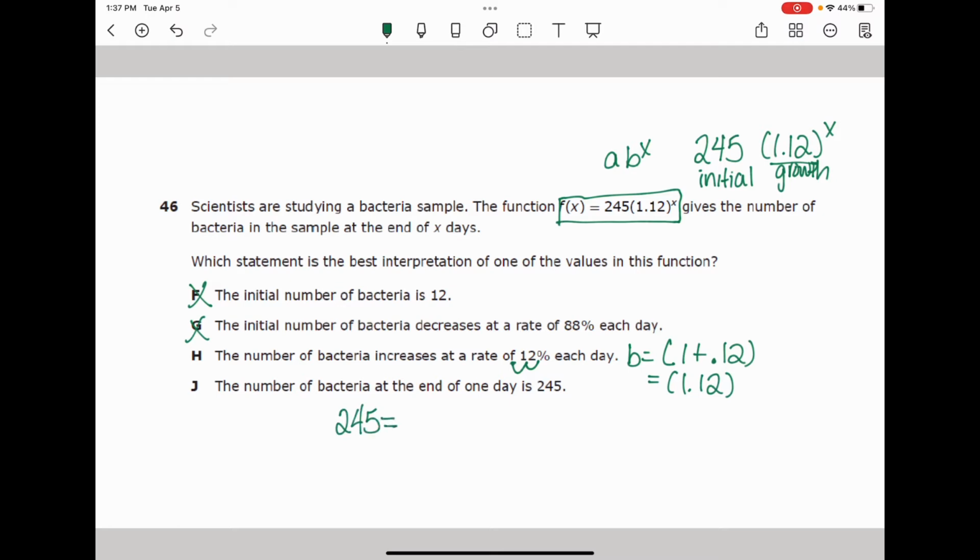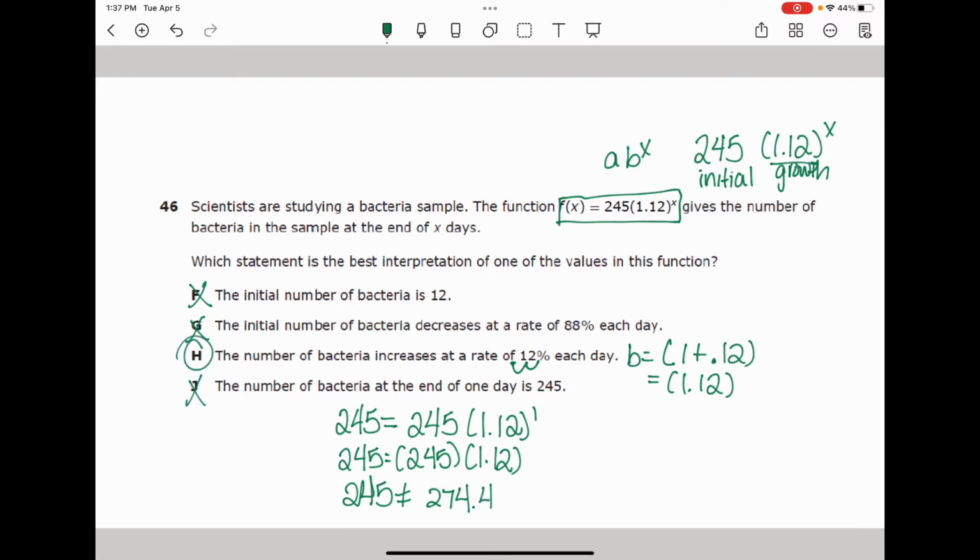So that would mean that we have 245 when we plug into our equation, and x is 1. So this means that 245 equals 245 times 1.12, and 245 does not equal 274.4, so that is incorrect. So H is the correct answer.